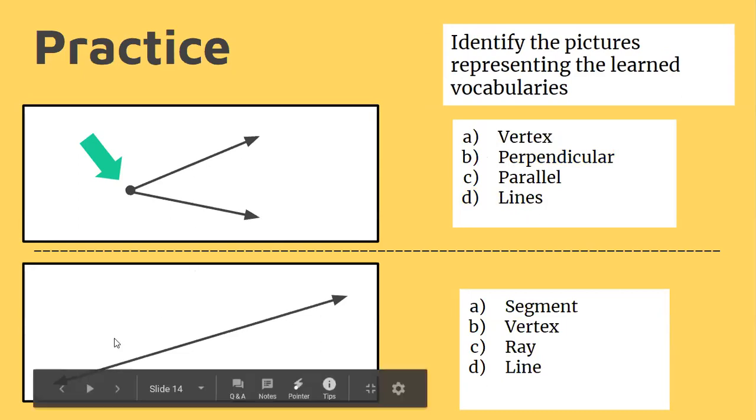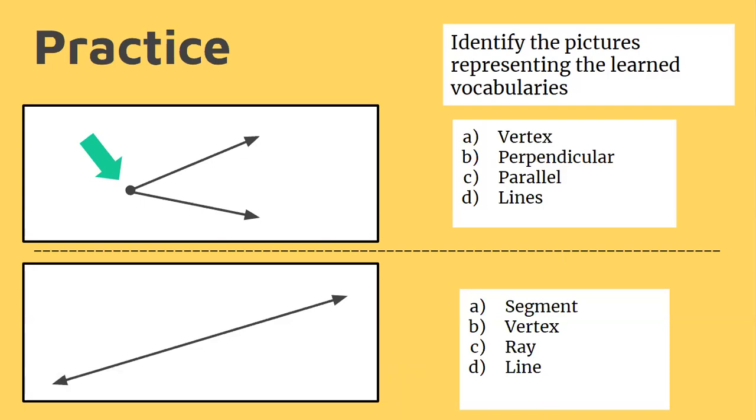The next image we have is pretty easy, so I'm not even going to try to say anything. You guys probably can get it. So the options we have are A, segment, B, vertex, C, ray, and D, line. So pause the video if you need more time, 3, 2, 1, pause.